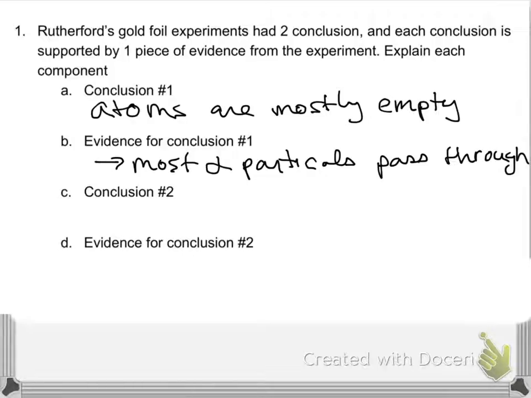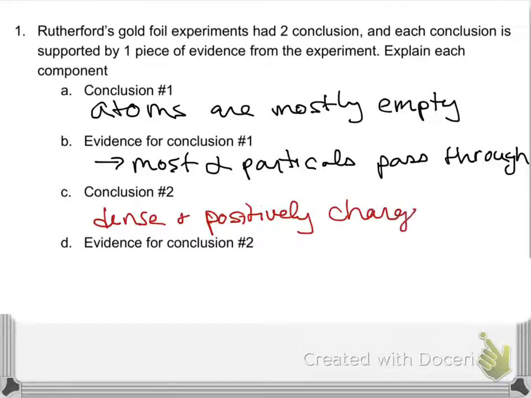The second conclusion that he drew was that the center of an atom is very dense and positively charged. We call that center a nucleus now, so you could also say nucleus if you wanted to.